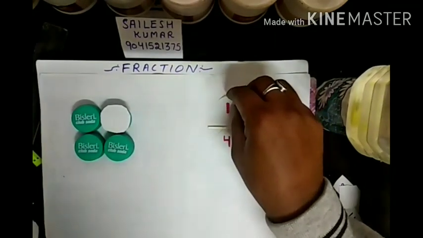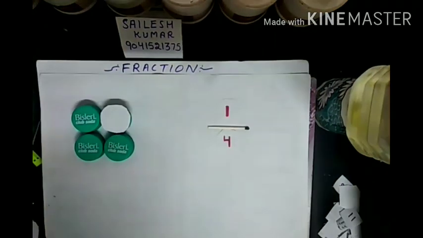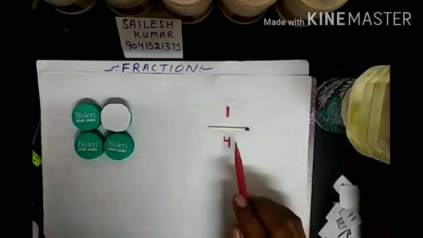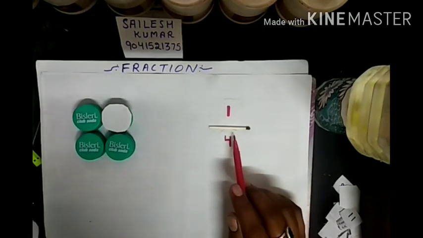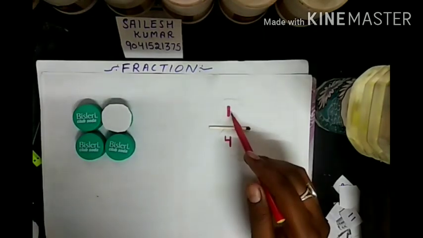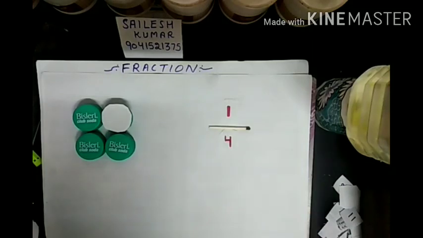So we can say that if I have shaded or covered only one part, then the total parts are 4. So I will write it in the fractional form just like this, where this matchstick works as a division bar, and 1 as a numerator and 4 as a denominator.